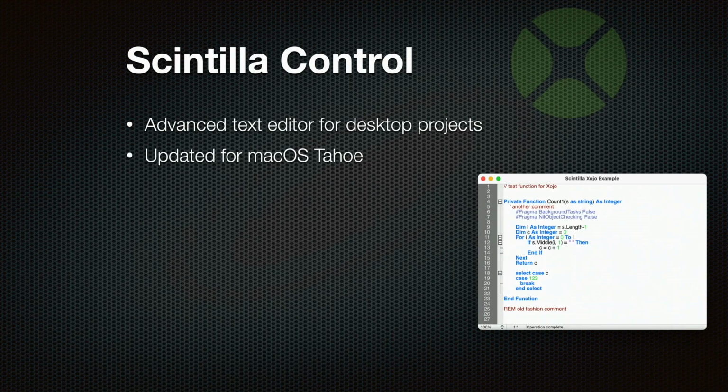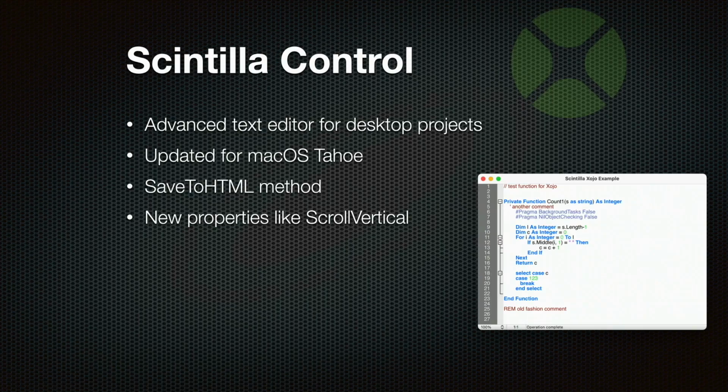It was recently updated for the latest macOS version by updating the library. We got a few new tricks like saving the content not just as plain text but as HTML, so you can keep the formatting and export it to HTML, which may be useful if you like to save something for your blog post. And we got a lot of new properties. One of them, which was missing for some reason, was the vertical scroll position, but it's now there.